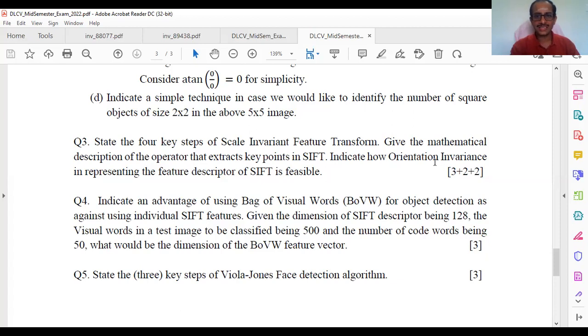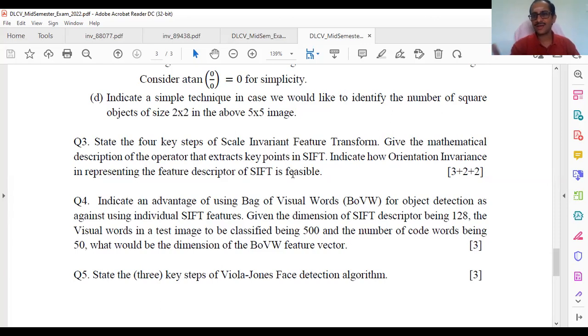Indicate how orientation invariance is obtained. Here also, some people have described how the HOG vector is extracted. But the question here is not how HOG or the SIFT descriptor is extracted, but how we achieve orientation invariance. Essentially, you find the dominant orientation of that key point, and represent the key point with reference to that, or by subtracting the dominant orientation.